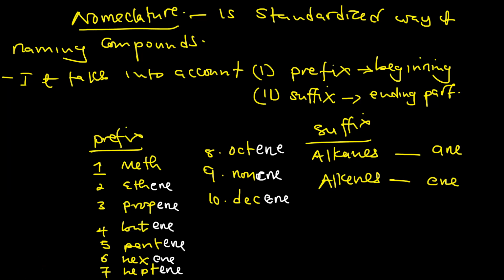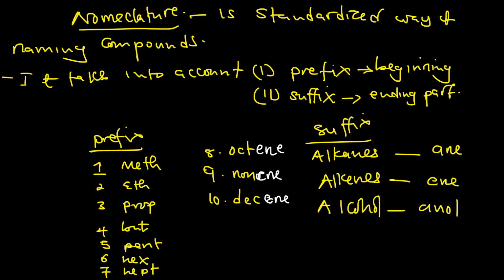Let us look at another one, which is alcohol. What is the end part or the suffix of alcohol? The end part is anol. Now let us look at how the names will be.